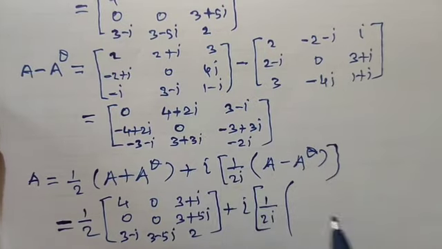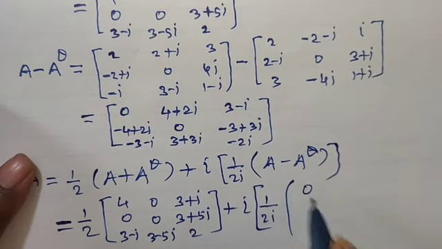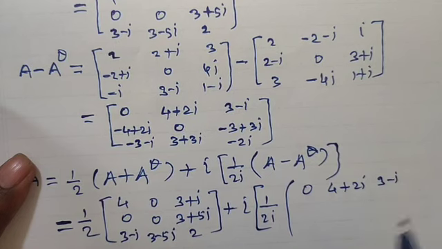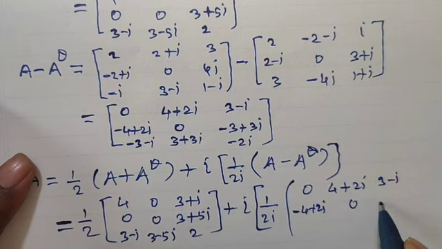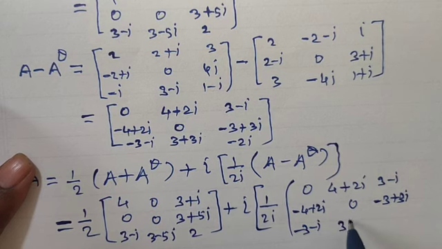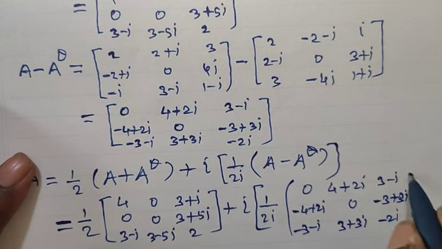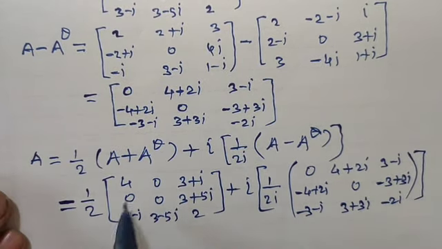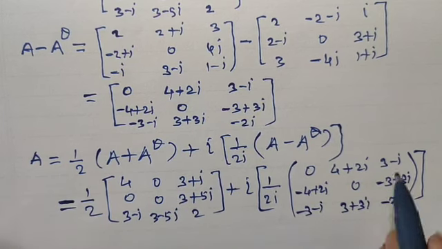Now this matrix, this one, 0 4 plus 2i, 3 minus i, minus 4 plus 2i, 0 minus 3 plus 3i, then minus 3 minus i, 3 plus 3i, minus 2i. Now divide each element of this matrix by 2 and divide each element of this matrix by 2i.